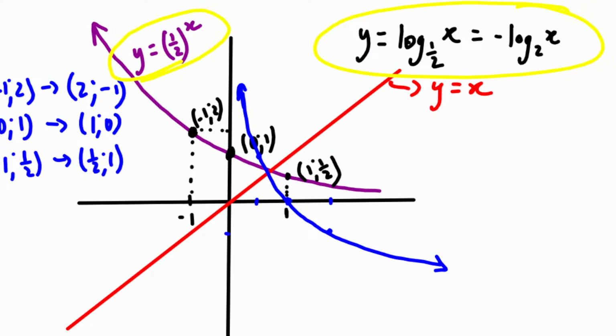Someone might find it tedious, maybe long, to find points of the function then convert, and someone might find it easy to find the equation of the inverse and then just derive points from there. But I'm showing you both ways so that you choose the most convenient way for yourself.